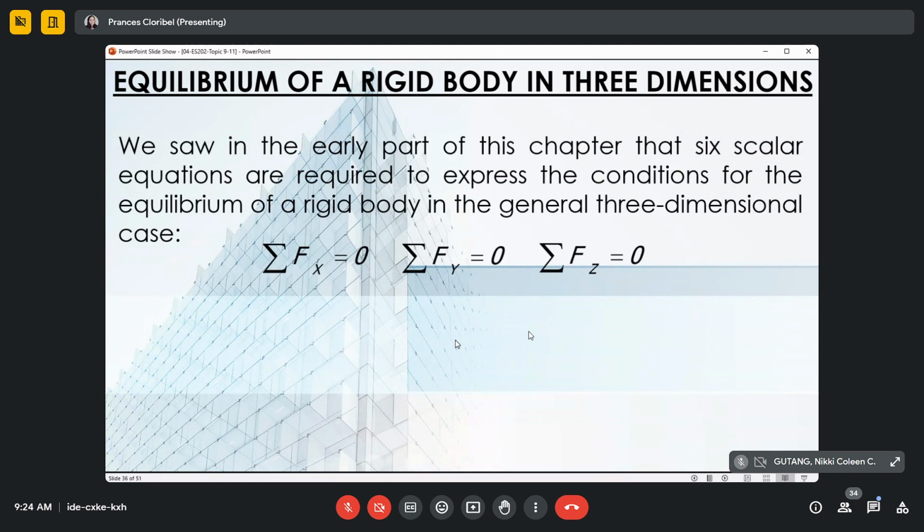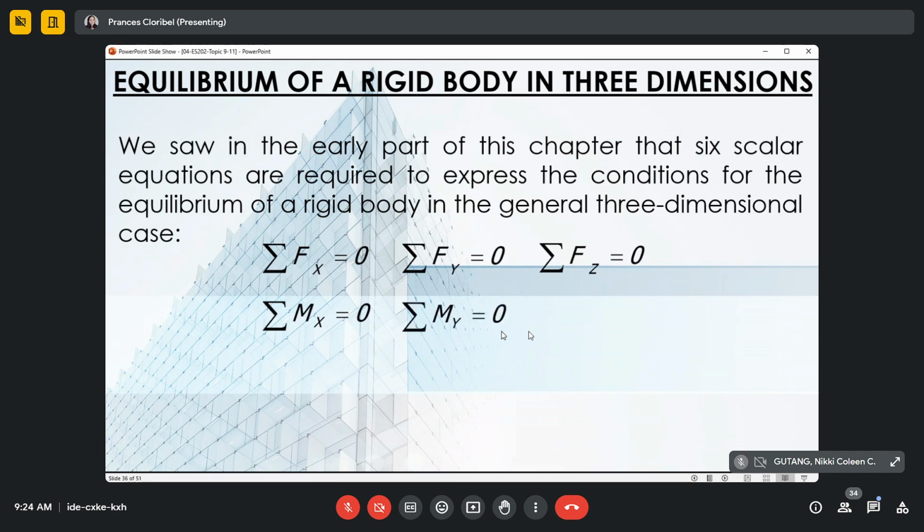In 2D, we only considered the summation of forces along x and y, and then the third equation is the summation of moments about the axis perpendicular to the two components containing these forces.